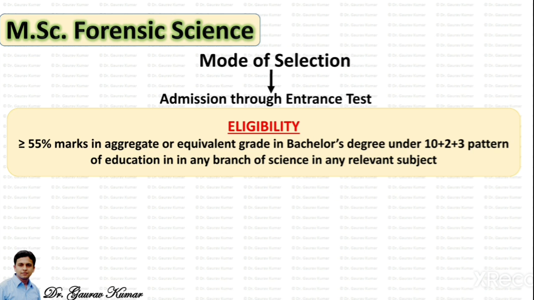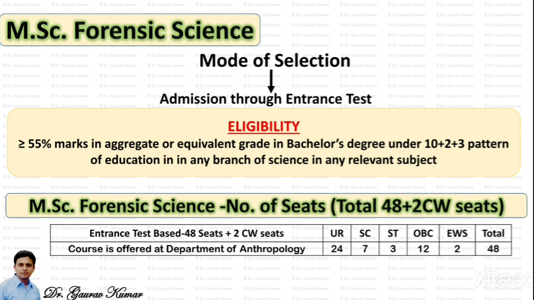The eligibility is greater than or equal to 55% marks in aggregate or equivalent grade in bachelor's degree under 10 plus 2 plus 3 pattern of education in any branch of science in any relevant subject. So they are quite flexible. That's why you are also eligible for forensic science. Whatever subject you have done your graduation in, if it is a relevant subject and specifically a science subject, you are welcome in this course.